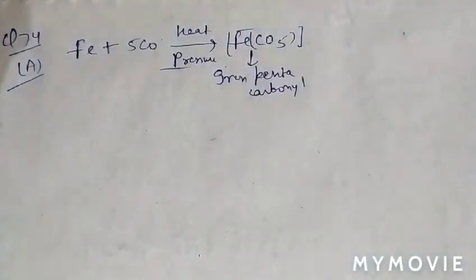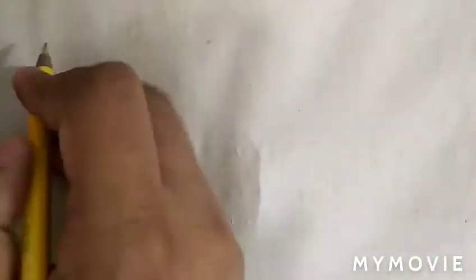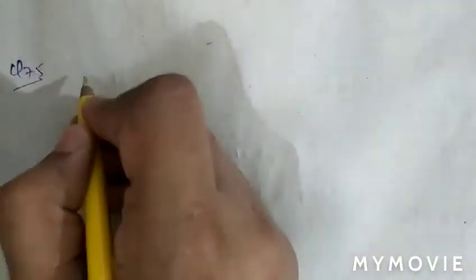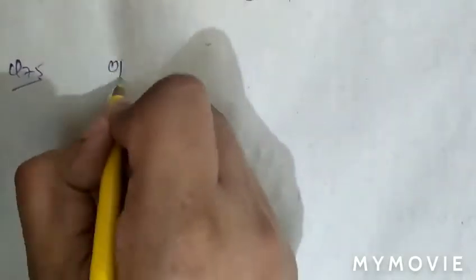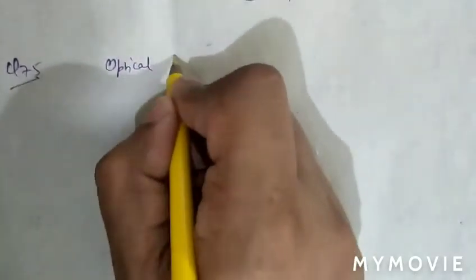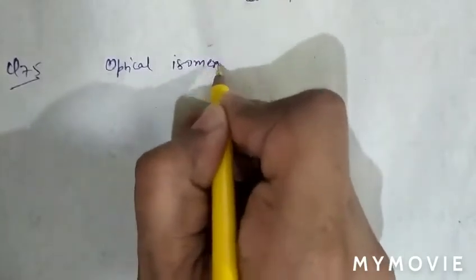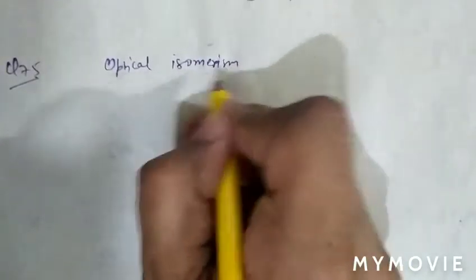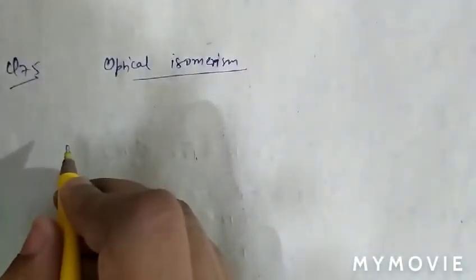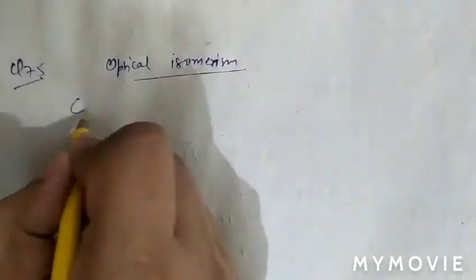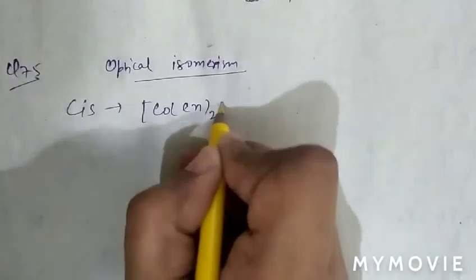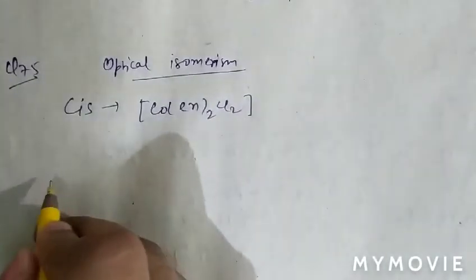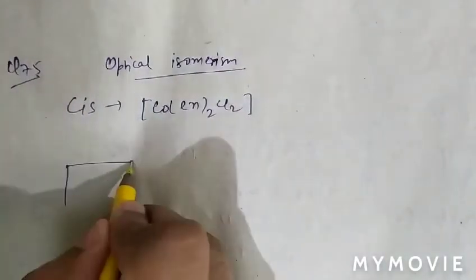See question number 75. Which of the following will exhibit optical isomerism? As we can see, the cis form of [Co(en)2Cl2].